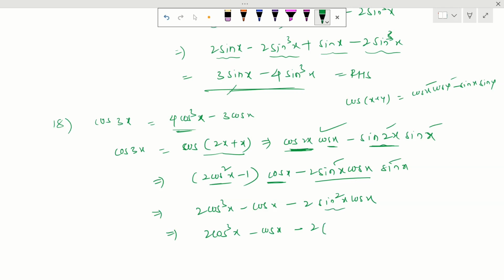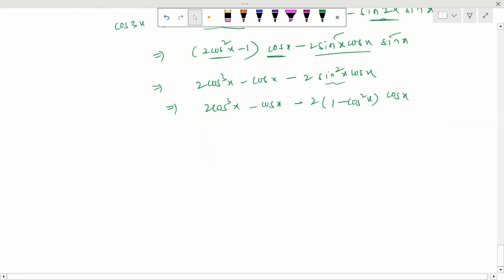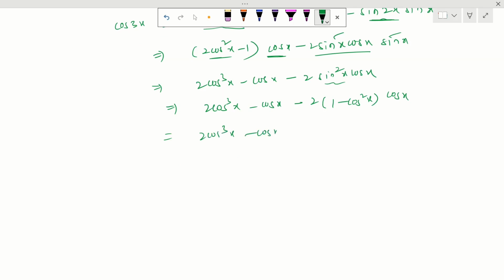Sin square x is 1 minus cos square x, right? Because sin square x plus cos square x is 1. So if we simplify this again, it becomes 2 cos cube x minus cos x, and minus 2 cos x, and minus into minus is plus, so 2 cos cube x.